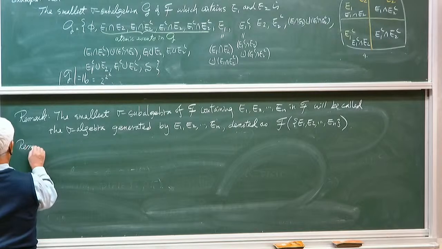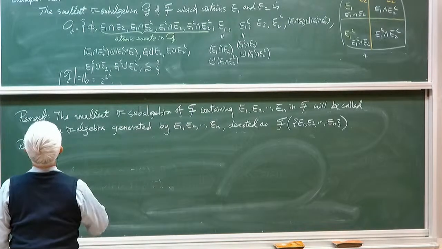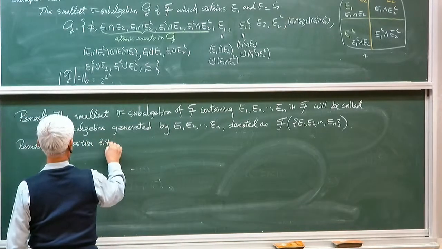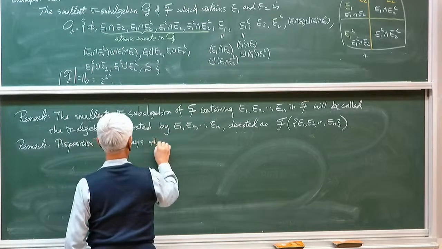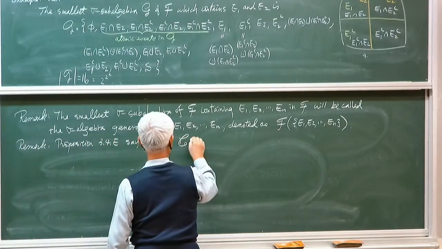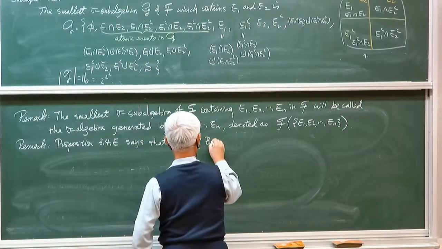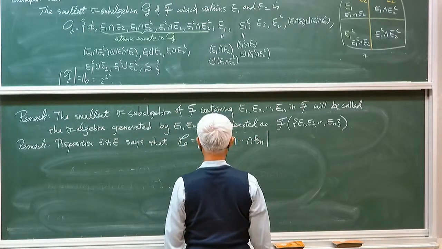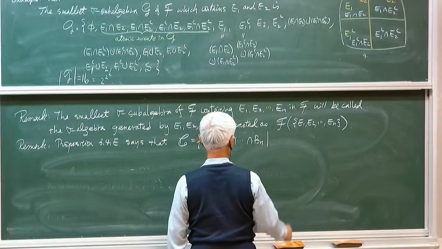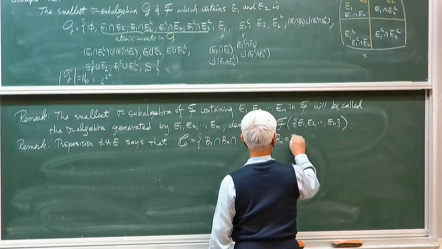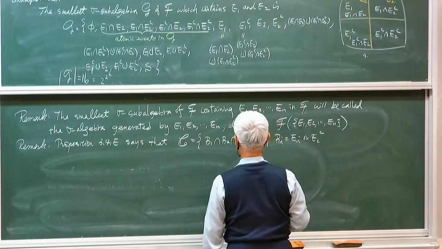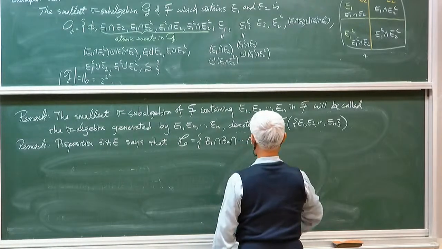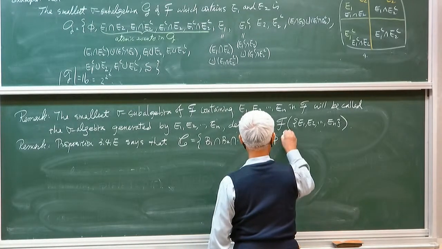And also another remark, proposition 3.4.E says that the collection of B1 intersect B2 and so on, such that Bi is equal to Ei or Ei complement, and also we require that this is not equal to the empty set.